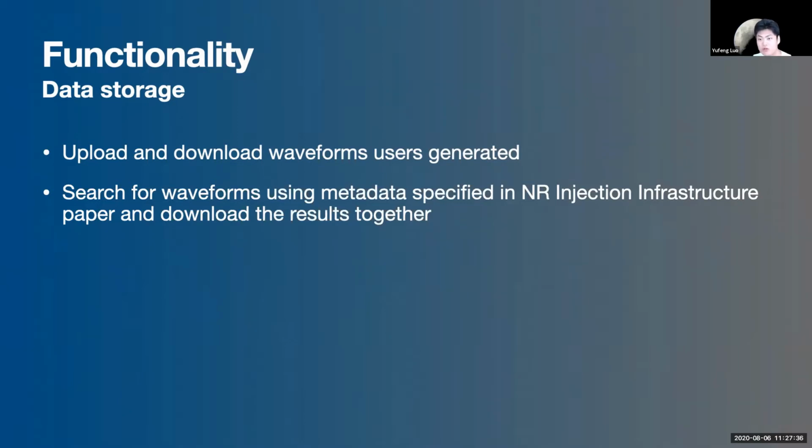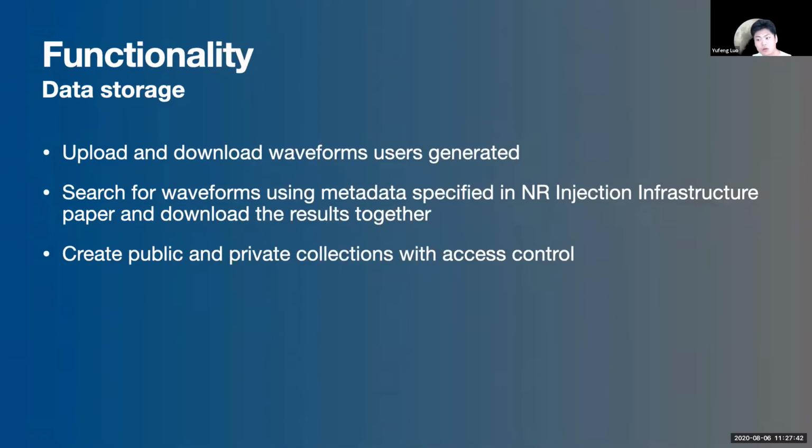And then we also want to download the results together as one zip file. We also want to create public and private collections with access control, because sometimes users might only want certain private collections before they release their data sets to the public. So we want to give users the ability to do so.